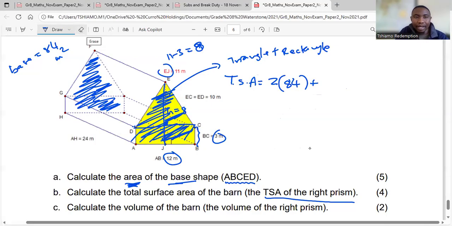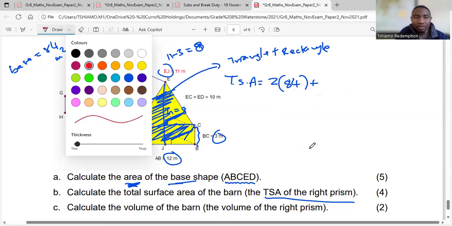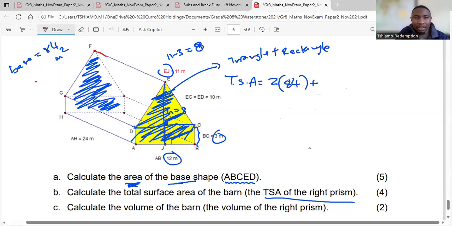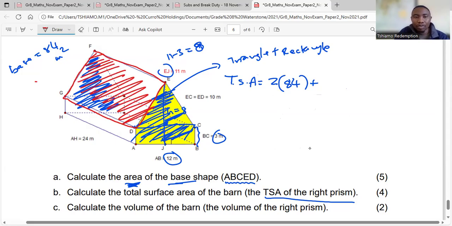Then I have this part. Let me show you. Do you see this part, like a roofing? What shape is this part? This is a rectangle. So how much is here? This part should be 24 because of this 24.